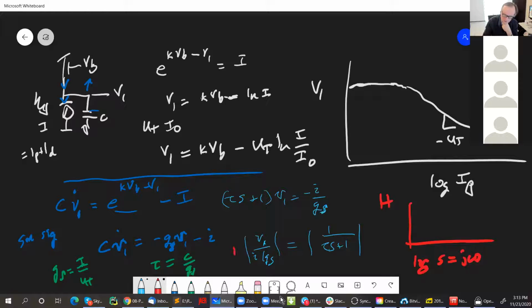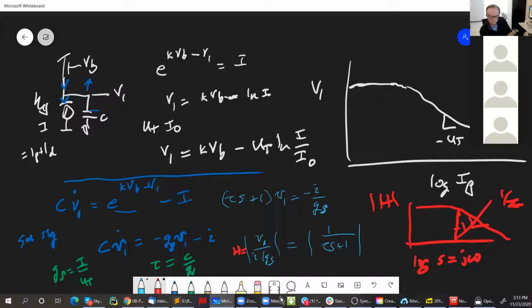This is H. The magnitude of H. Then we get the classic low pass filter, right? Where it rolls off like 1 over omega with a slope of -1. And the cutoff frequency here is just 1 over tau in radians per second. Now, what was your question?